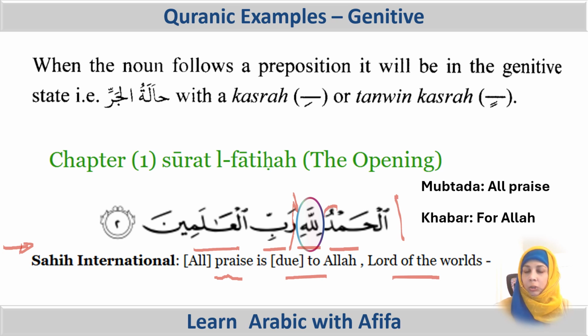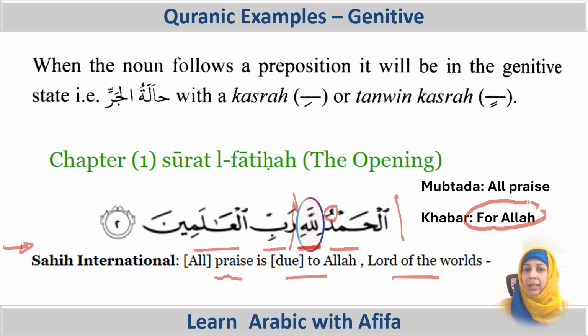It is the subject of the sentence, and how do we know that? It ends with a dhamma, right? Because the dhamma is the sign of its being marfu', and we know that mubtada is marfu'un. So alhamdu is all praise, and what is the khabar? The khabar is lillahi, for Allah. That is the khabar, for Allah.